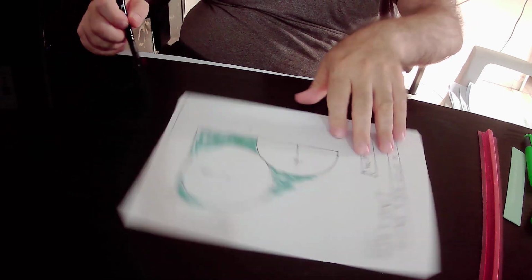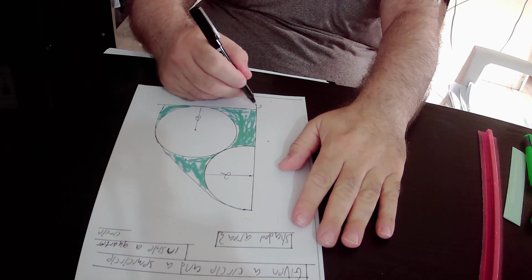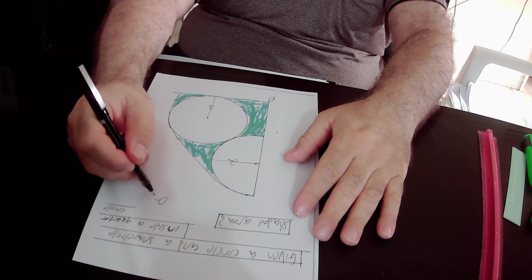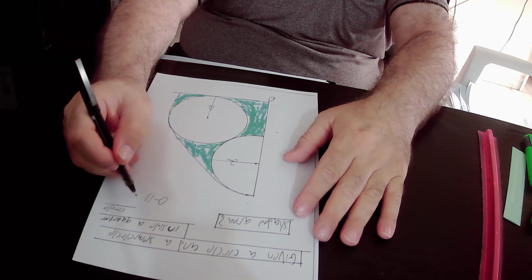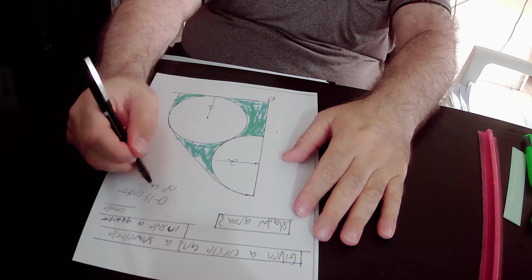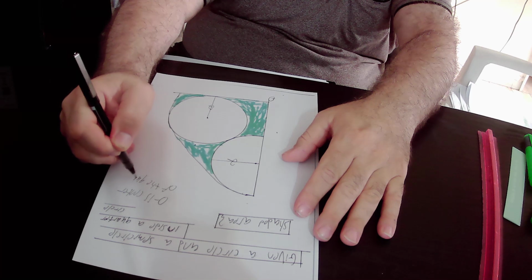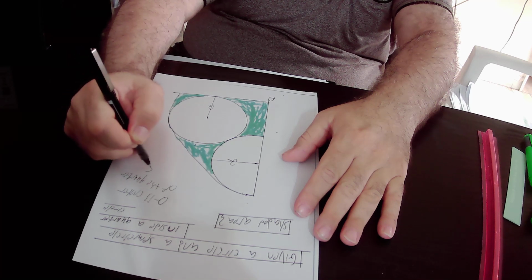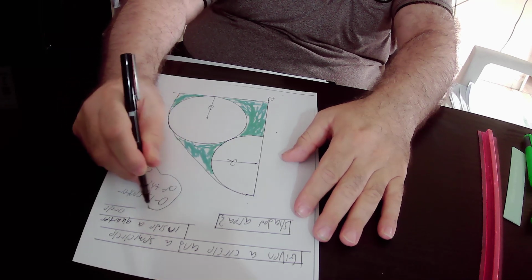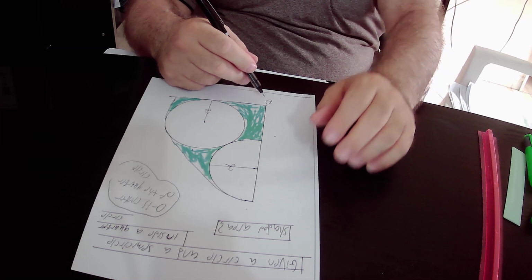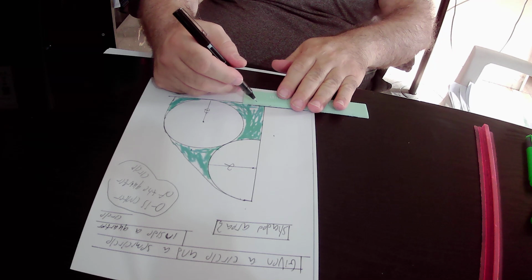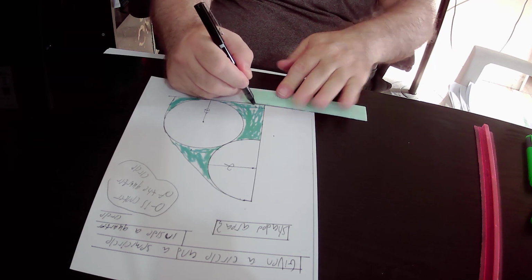We define this point as point O, so I write down that point O is the center of the quarter circle. In addition, this angle must be equal to 90 degrees.